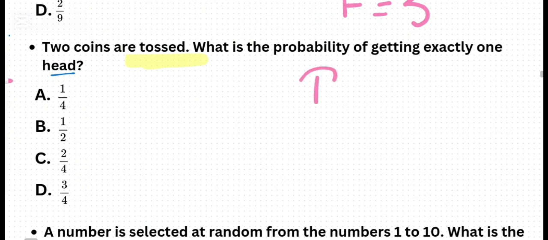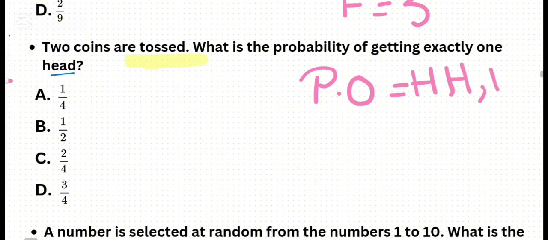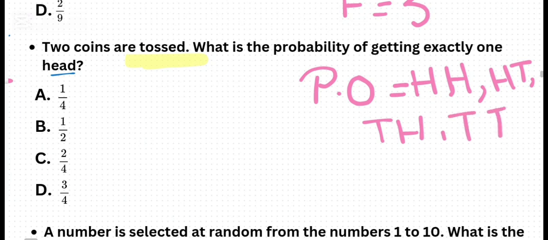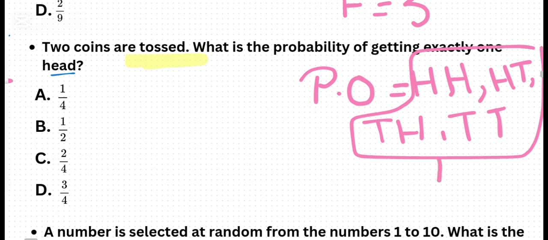Possible outcomes: head head, head tail, tail head, or tail tail. So these are a total of 4 outcomes, right? This 4 is the total.